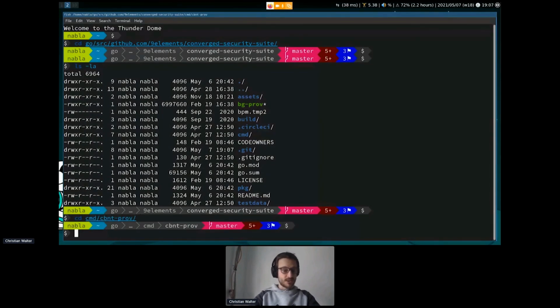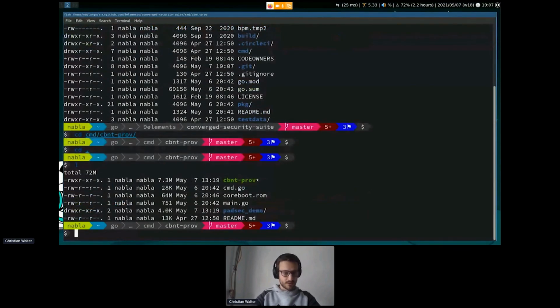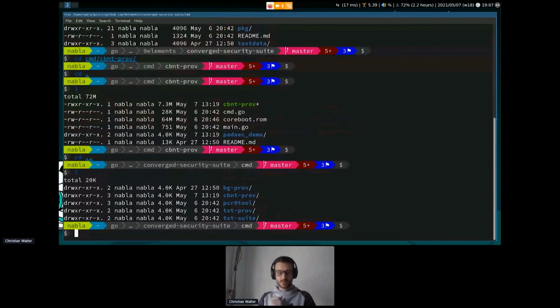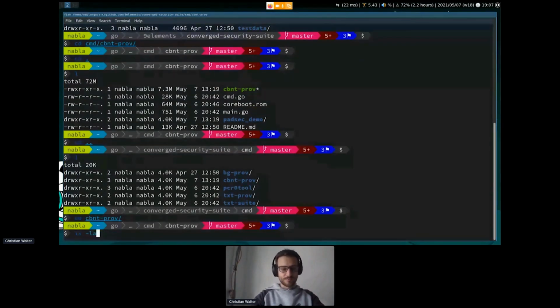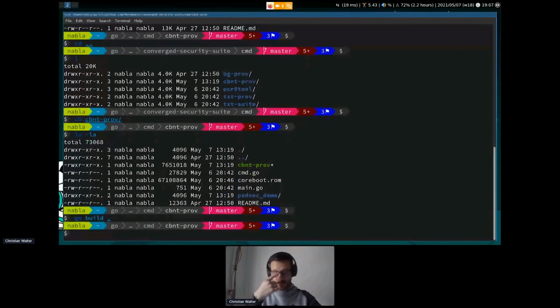We have the CBNT provisioning tool, and we also have the BootGuard provisioning tool that's ongoing right now, but I already have it. We've got the PCR0 tool, which is there for PCR0 pre-calculation. We've got the TXT provisioning tool, and we've got the TXT suite. What I talked about today is the CBNT provisioning tool.